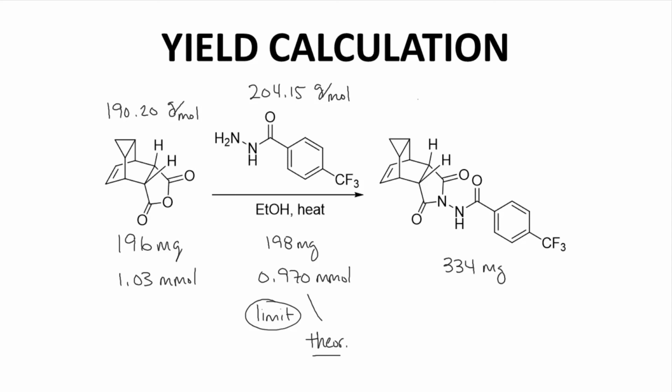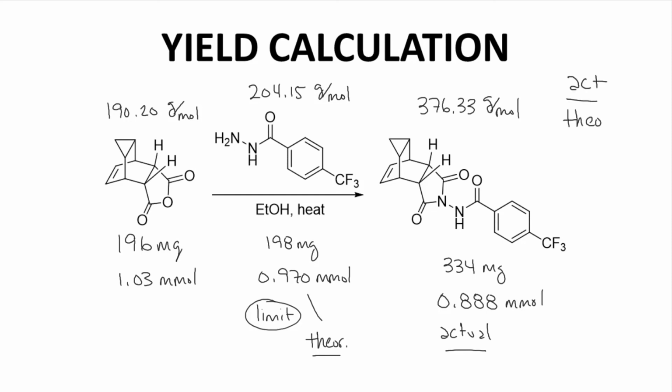The product has a molecular weight of 376.33 grams per mole, so we obtained 0.888 millimoles. That is the actual yield. Our percent yield is actual over theoretical times 100. That is 92%.